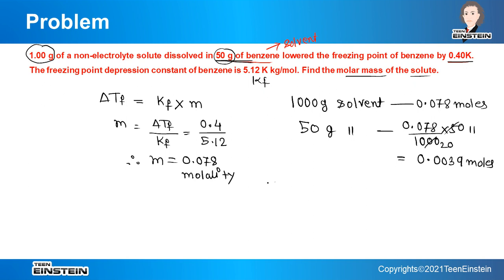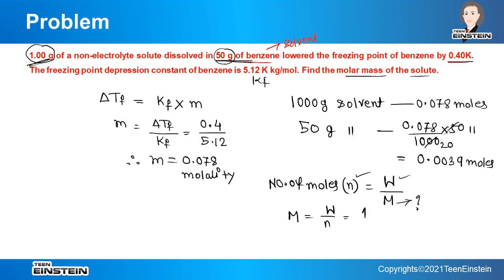Now we know that the number of moles, small n, is equal to the given weight W divided by the molecular weight M. Here n is known, W is known, but M is not known, and we have to find M. So M will be equal to W by n, where W is 1 gram and the number of moles we just calculated is 0.0039.